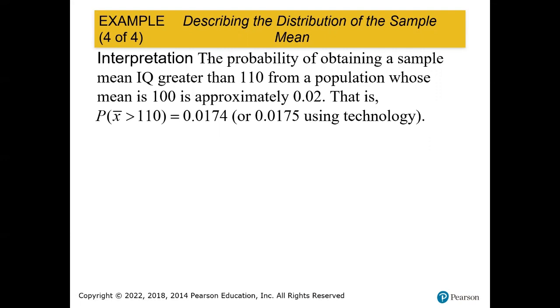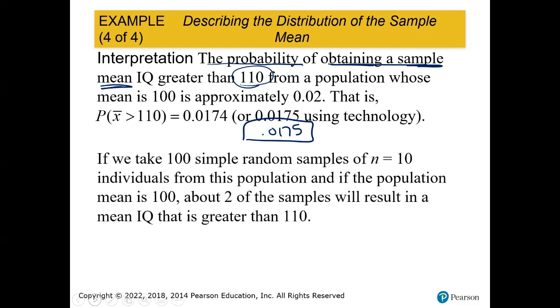So we are talking about the probability of obtaining a sample mean greater than 110, and you could use this value here, 0.0175. You don't have to round to 2 places.